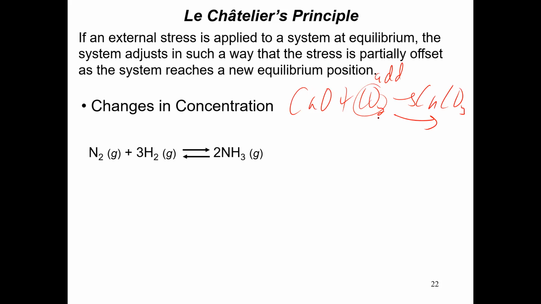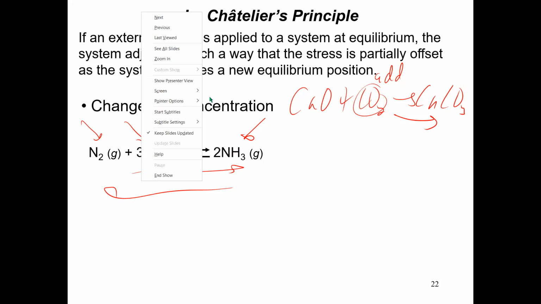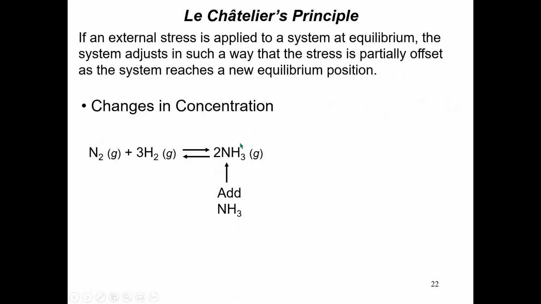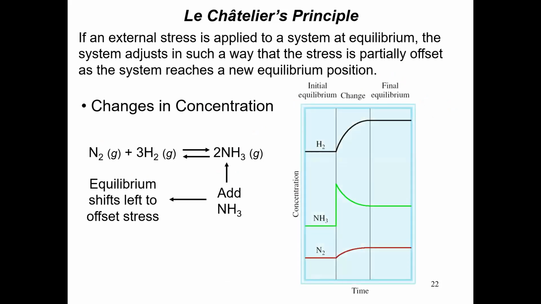Okay, so in this case, if you add this or this, that'll force it to go to the right. Or if you add this, that'll make it go to the left. Adding ammonia, it'll force it to the left to go to the stress.